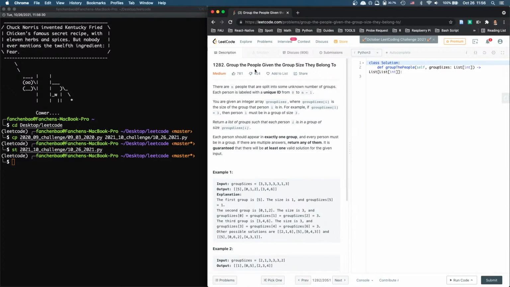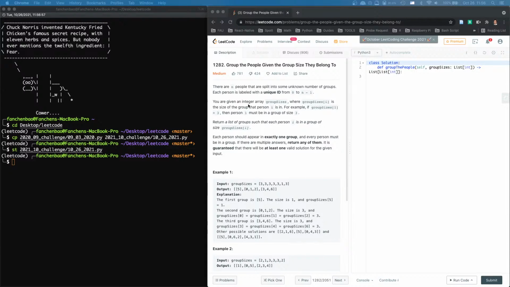Group the people given the group size they belong to. Okay? There are n people that are split into some unknown number of groups. Each person is labeled with a unique ID from 0 to n minus 1, okay?